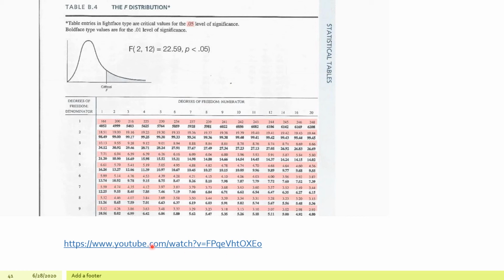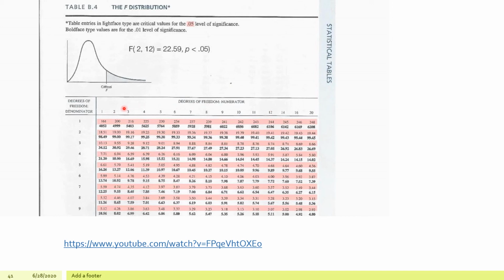Please click on this link and you can find a good video which will demonstrate how to find the critical value of F corresponding to the numerator degrees of freedom and denominator degrees of freedom, because in ANOVA there are multiple samples, or three types of means will be there. So you will have different type of degrees of freedom for each samples.